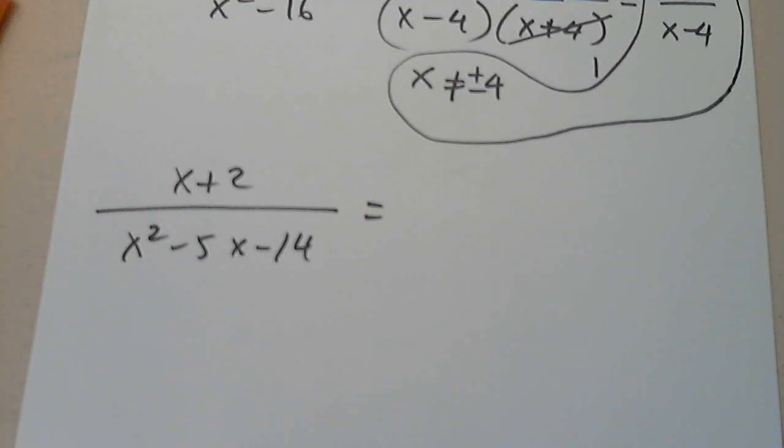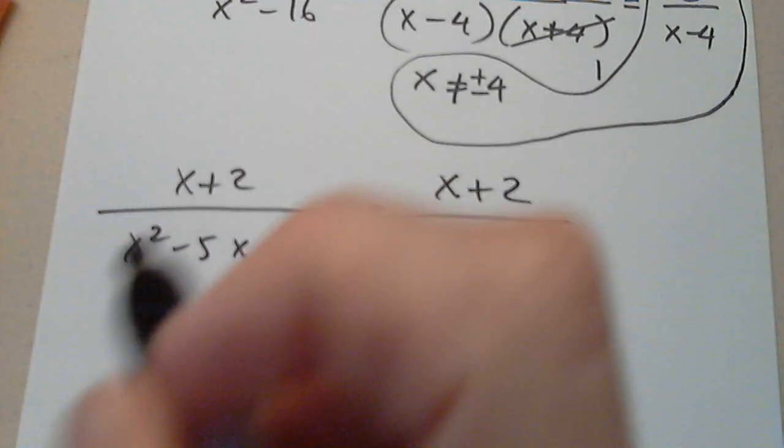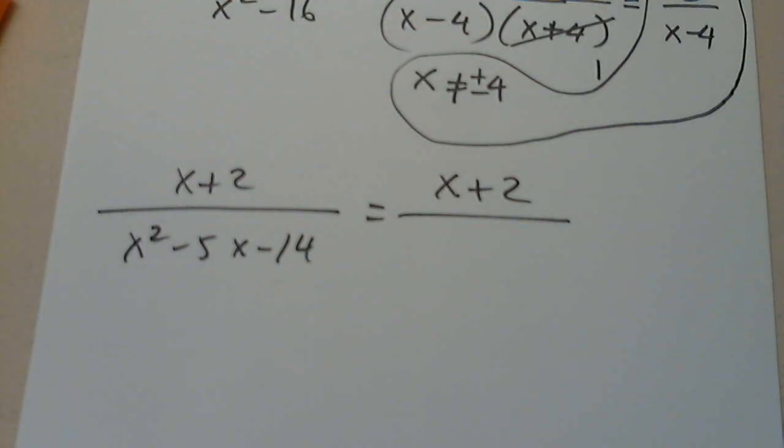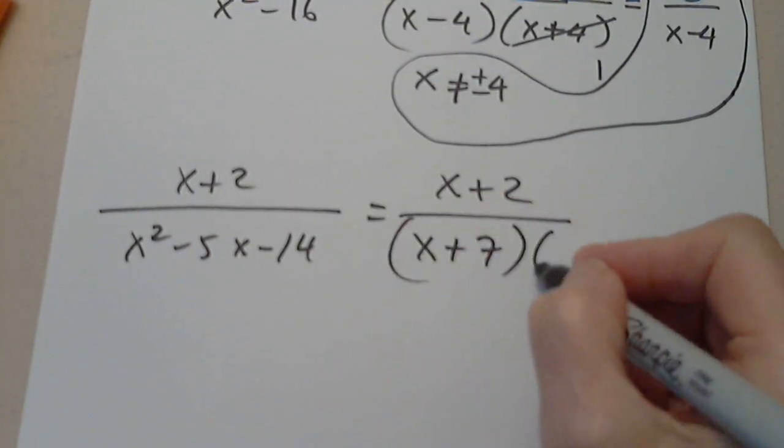There is nothing you can do to the top, but there is a lot you can do to the denominator. So x plus 2 is x plus 2. But can anyone give us the factor form in the denominator, please? And this is what the test is all about. X minus 7, x plus 2. Very good.